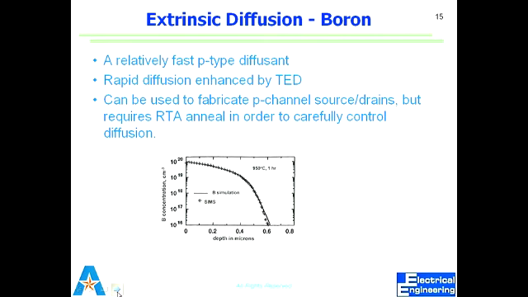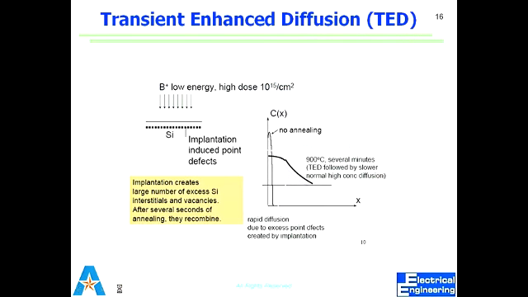If you see its depth, relatively, it is wide. So it's not an abrupt dopant. It will take some distance before it gets to the background concentration. That's TED, transient enhanced diffusion.